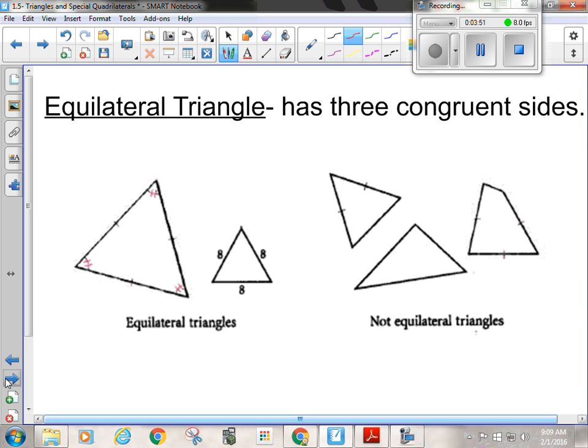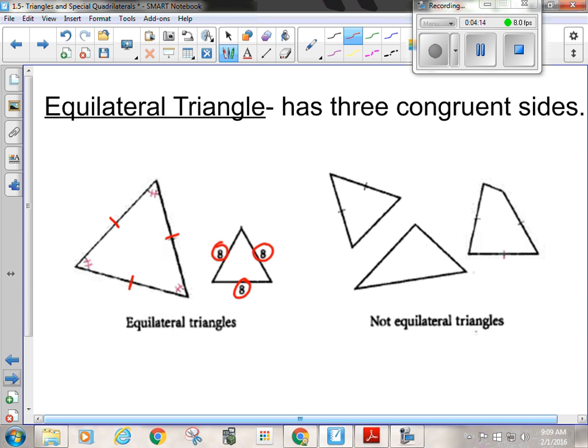An equilateral triangle has three congruent sides. So they're either going to be marked with your congruence markings here, or you're going to be seeing them labeled out. The thing that we do know about equilateral triangles is that they are also equiangular. So you'll want to make sure that you know that in the definition. Equilateral are also equiangular, which means that they have congruent angles.